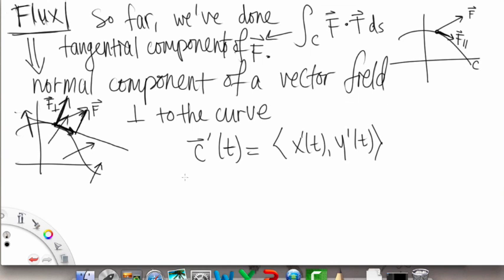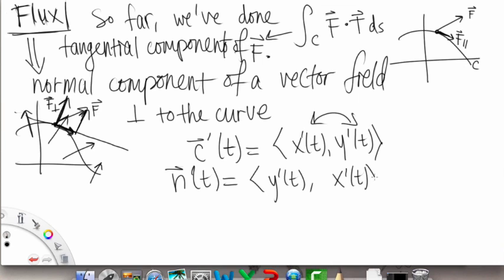To find the normal vector, you swap the two places, so you have y prime of t and x prime of t, and you stick a negative sign on the x. When you take the dot product, you get 0, because that's a characteristic of two vectors that are perpendicular to each other. So that's how you take the normal.